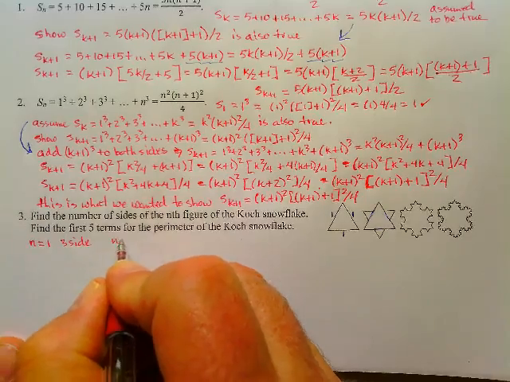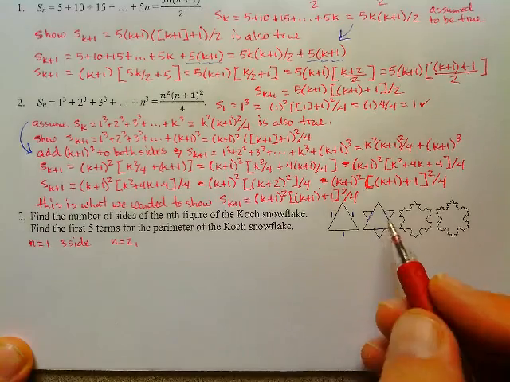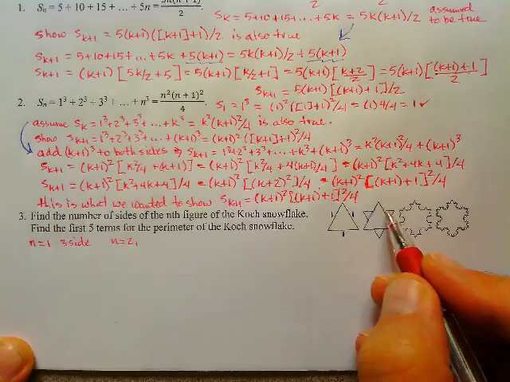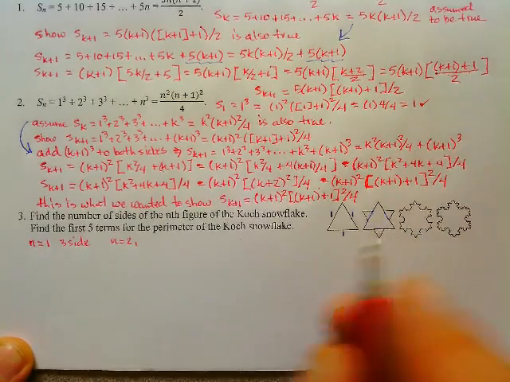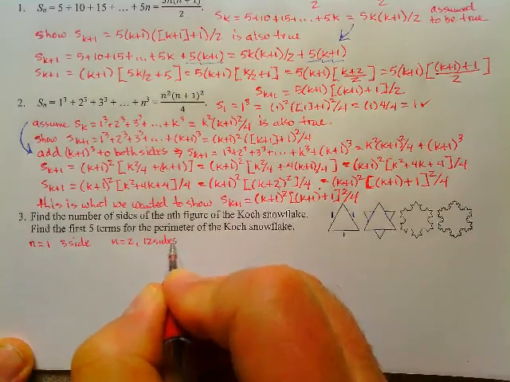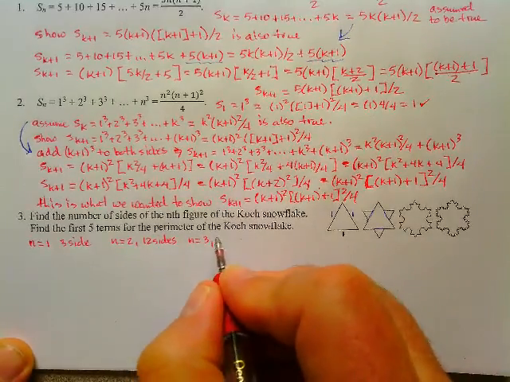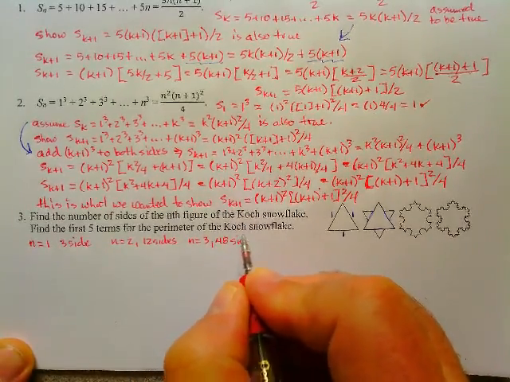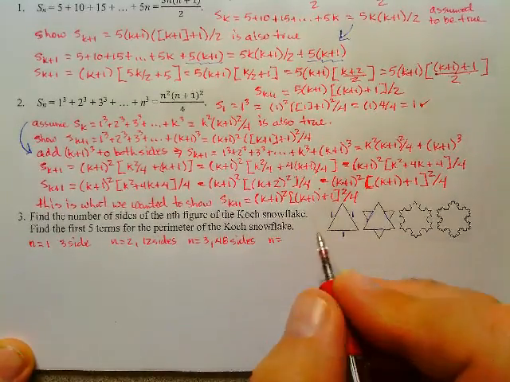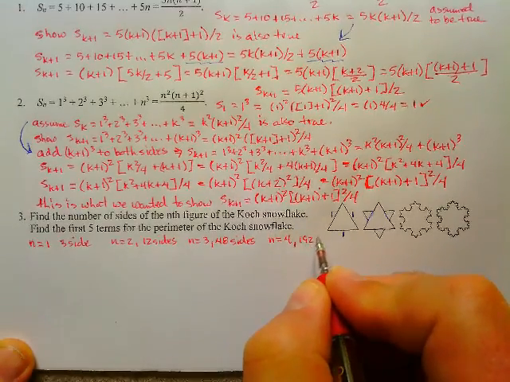When n is 2, this is our second one. We've got 1, 2, 3, 4, 5, 6, 7, 8, 9, 10, 11, 12. We now have 12 sides. When n is 3, we have 48 sides. And when n is 4, we have 192 sides.